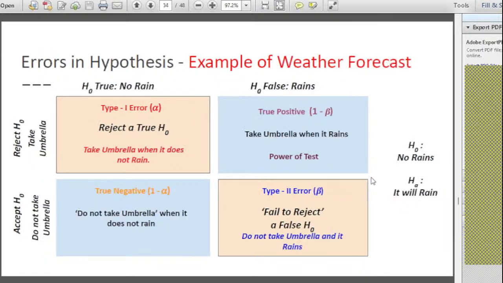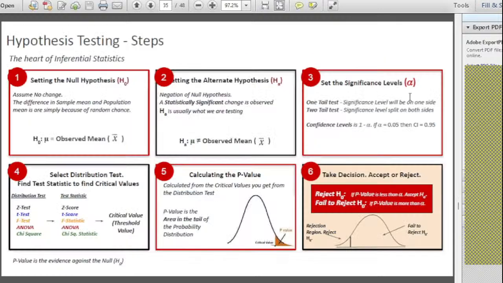Another very interesting example is the weather forecast example, but you can do it on your own later. Now coming to the further steps of hypothesis testing. Three steps we have done here, or rather 2.5 steps, and then we are going to do the remaining three.